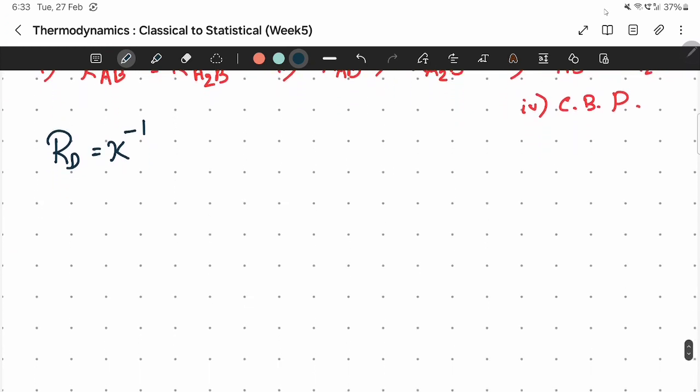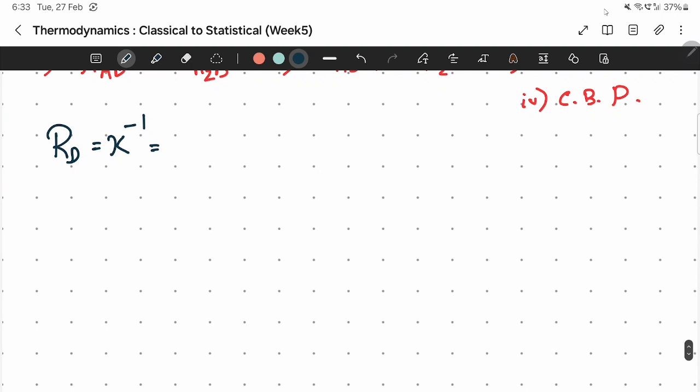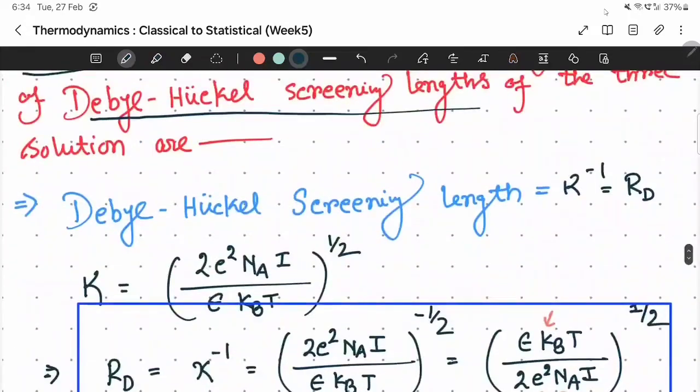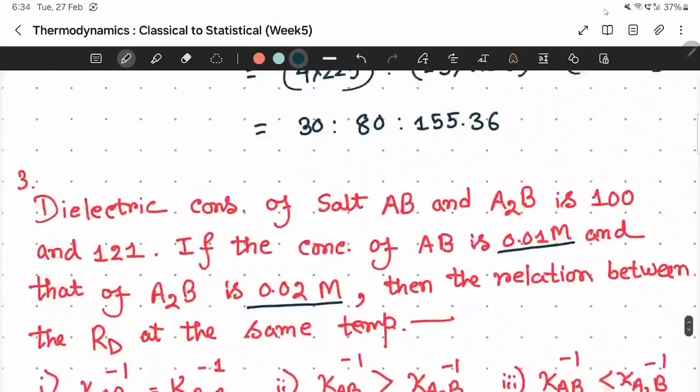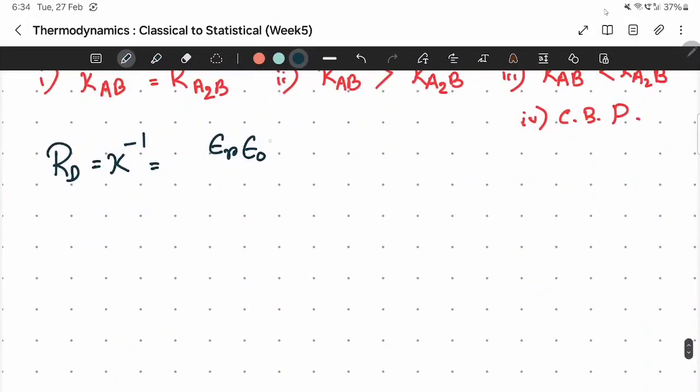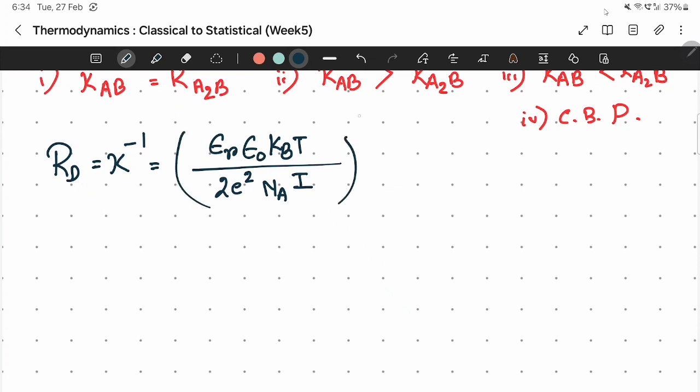Kappa inverse is epsilon r epsilon naught kBT divided by 2 e square NA I, all to the power half.